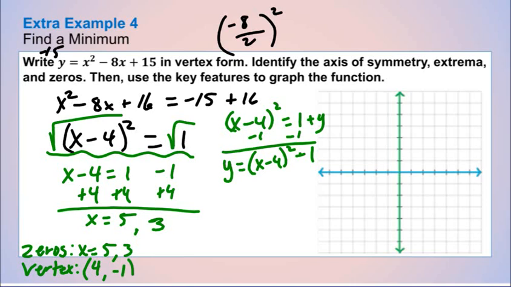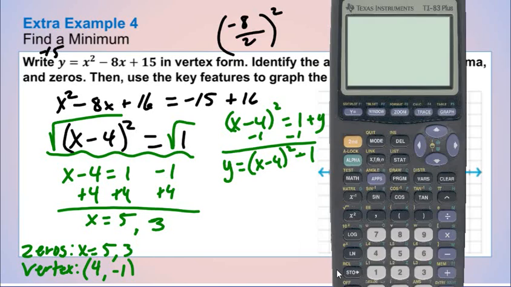Now if I go to my calculator and we're going to graph this, I'm going to graph this original one that they have here. So x squared minus 8x plus 15. And I'm going to do second graph to see my table of values.